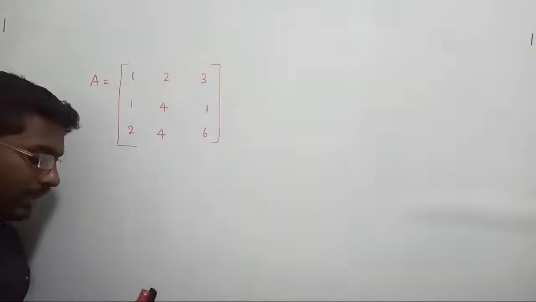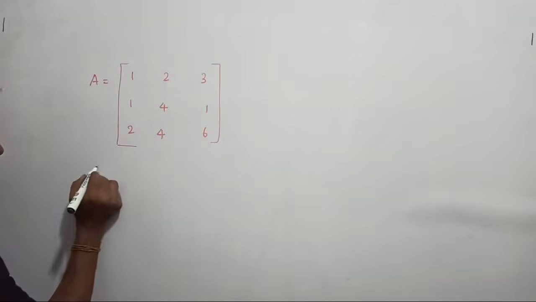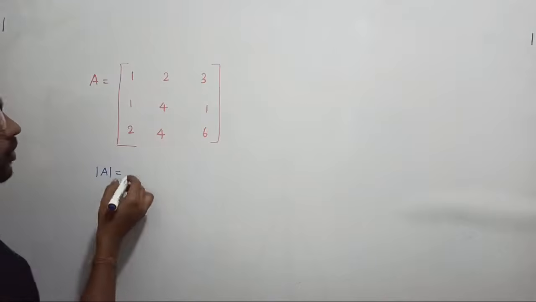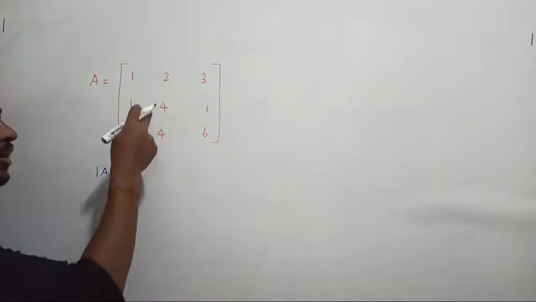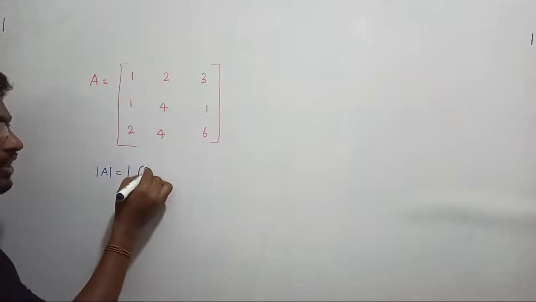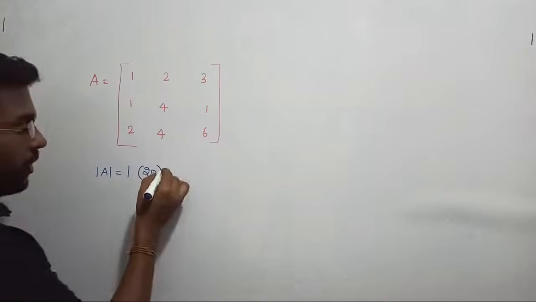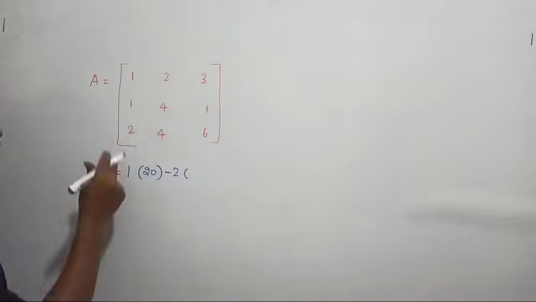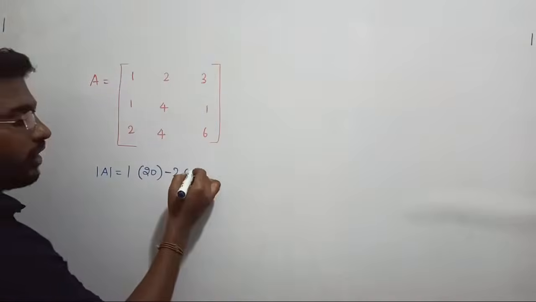What will be the determinant of this matrix? Determinant of A is equal to 1 into in bracket 4 into 6 will give you 24, 24 minus 4 will give you 20. Of course, minus 2 into its corresponding column and row will be neglected, 1 into 6 minus 2 will give you 4.